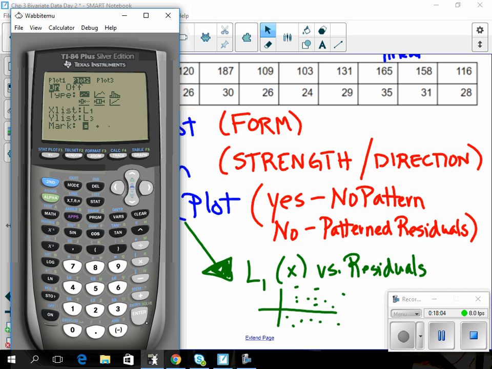And let's make plot 2 our residual plot. In our little synopsis of how to graph a residual plot, what did I say we had to plot? Our x's versus our residuals, right? So it's our L1 versus L3. Look, that's what we must have done last time, because that's what I have still saved in my second scatter plot. And then we'll resume.